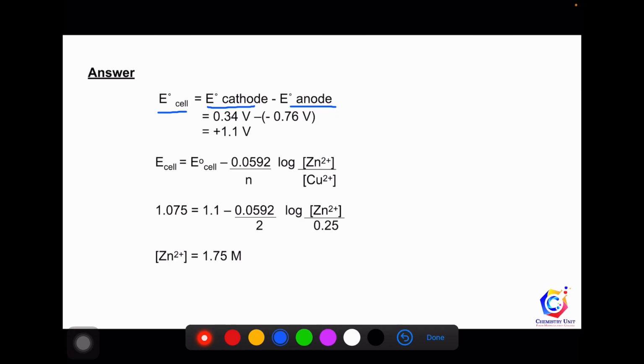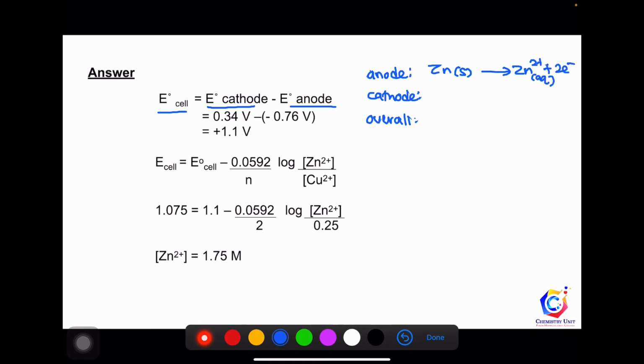The next thing you should do after calculating E naught cell would be to write out the half equations happening at anode and cathode as well as the overall equation. So at anode, oxidation is taking place. That would be zinc converted into zinc 2 plus. At cathode, the reduction of Cu2 plus is happening.